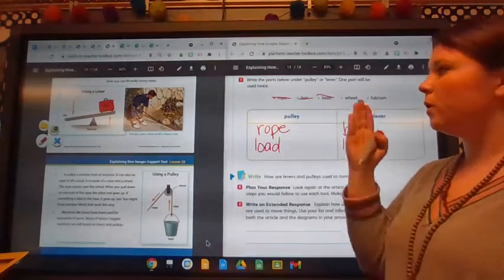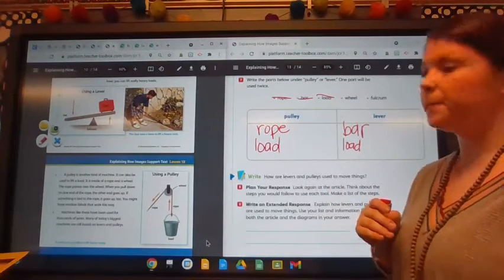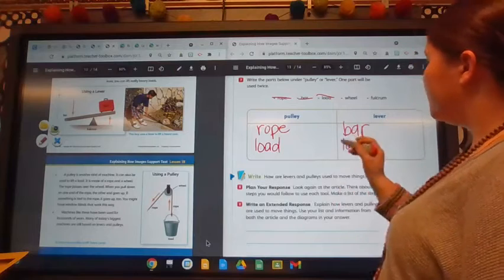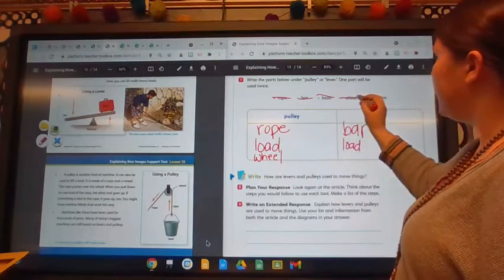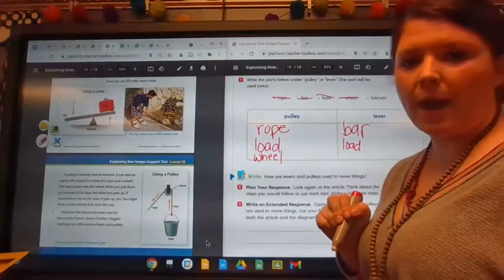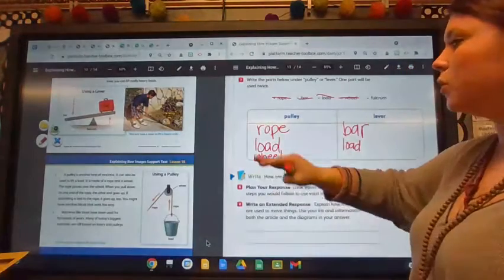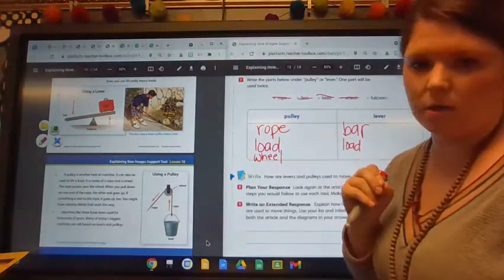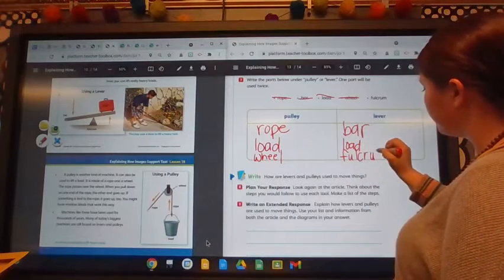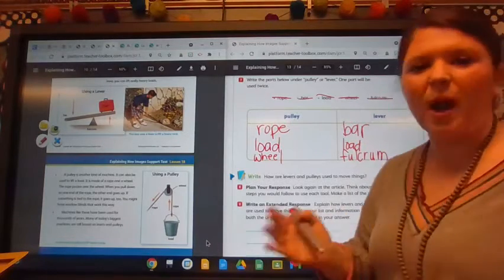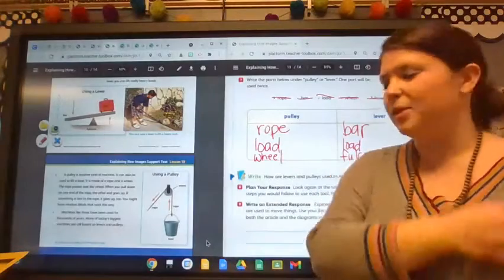Which one has a wheel, the lever or the pulley? The pulley has a wheel. And the fulcrum. Is the fulcrum on the pulley or the lever? On the lever. Great job, guys. That was practicing using those diagrams, okay?